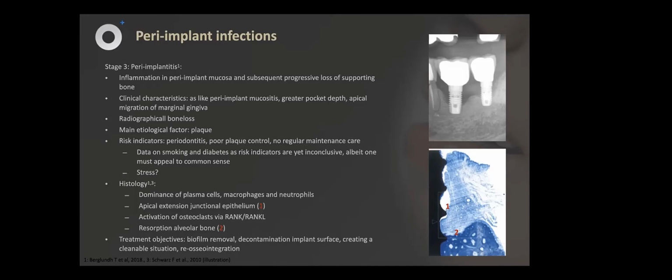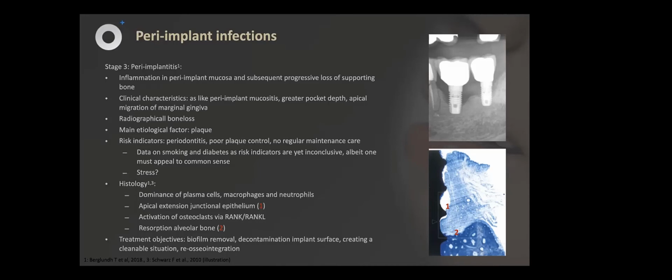Radiographically, we see bone loss, and the main etiological factor is plaque. Risk indicators are periodontitis, poor plaque control, no regular maintenance care, etc. We have data on smoking and diabetes as risk indicators that are yet inconclusive, but albeit most appeal to common sense.